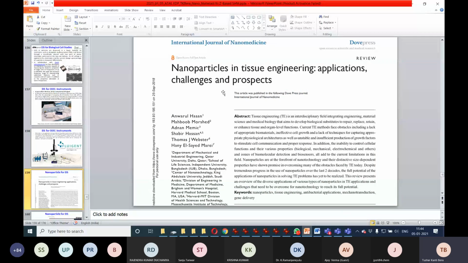Now I will come to nanoparticles in tissue engineering, at the last part. We have seen that nanoparticles are very advantageous for enhancing electrical conductivity. If gold nanoparticles are used, electrical conductivity is enhanced.